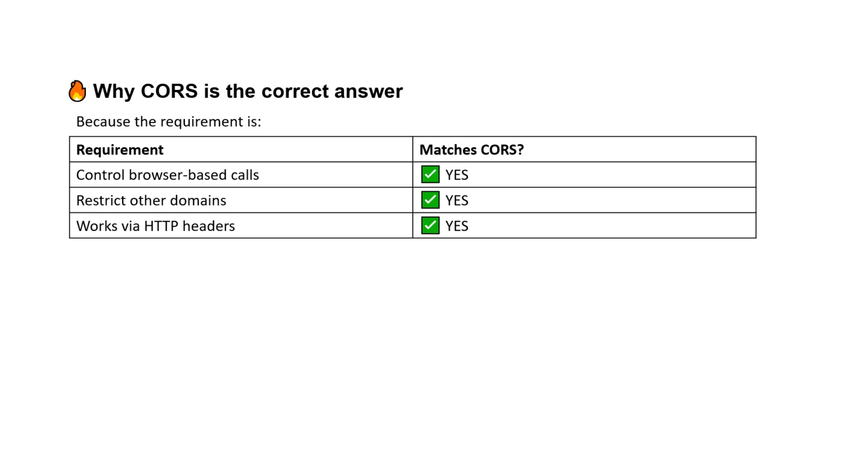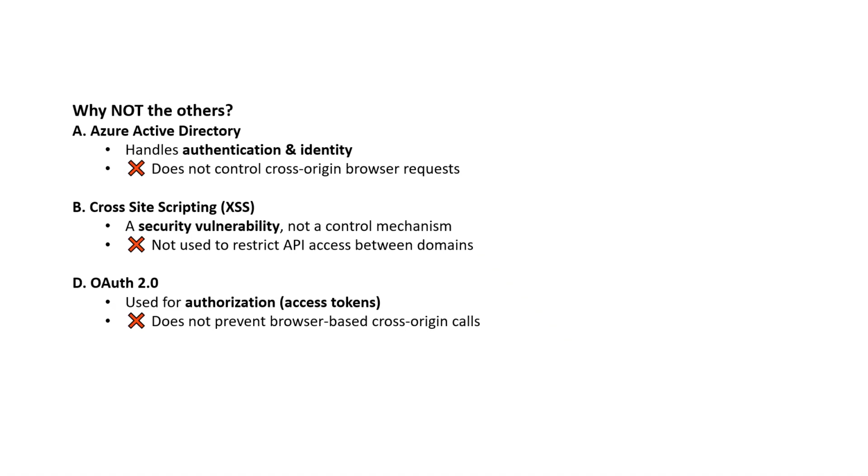So why is CORS the correct answer? Based on our requirement, control browser-based calls. Yes, it is controlling. Restrict other domains. Yes, it is restricting. Works via HTTP headers. Yes, it is working via HTTP headers that we saw in our previous slide. So why are the other options not correct?